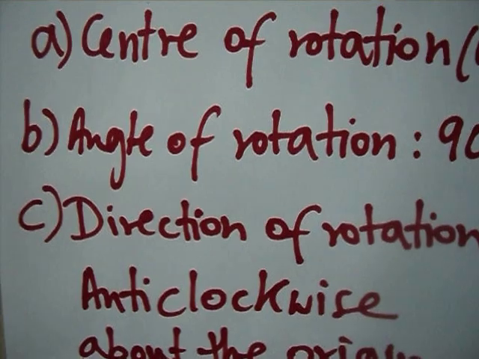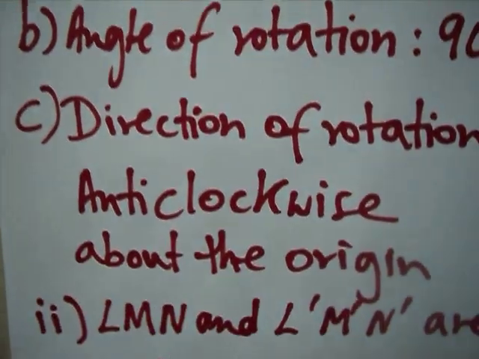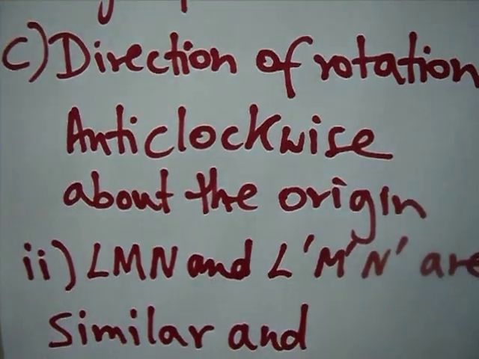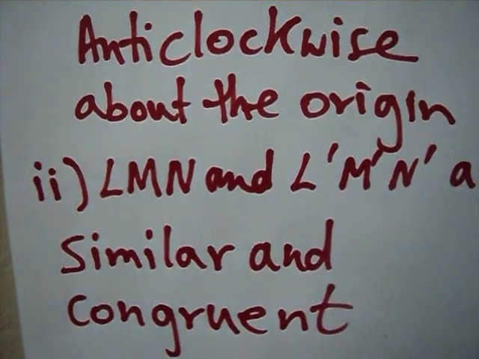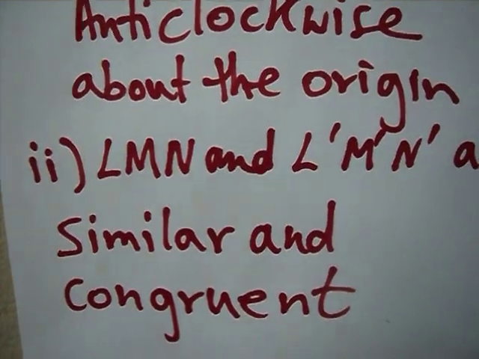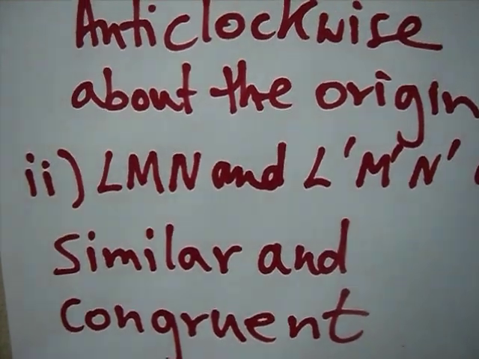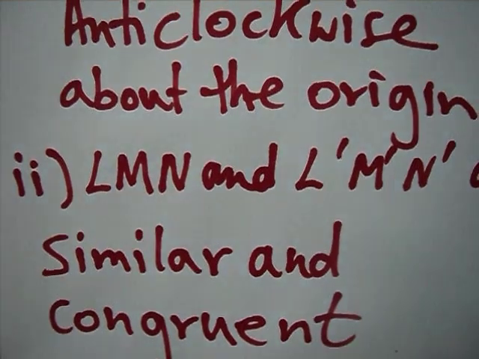Now they ask you for number 2, L, M, N, and L prime, M prime, and N prime are similar and congruent. They are similar and congruent. Look at further tutorials based on similar and congruent shapes.